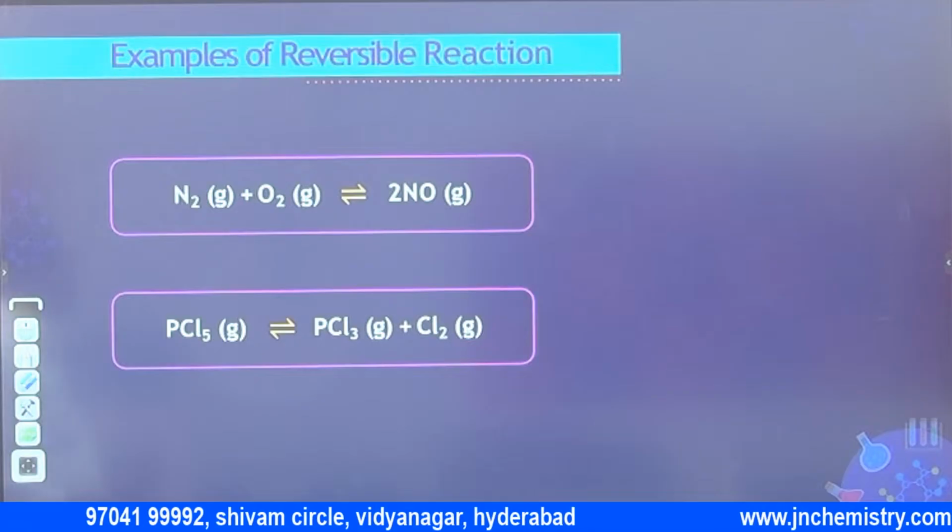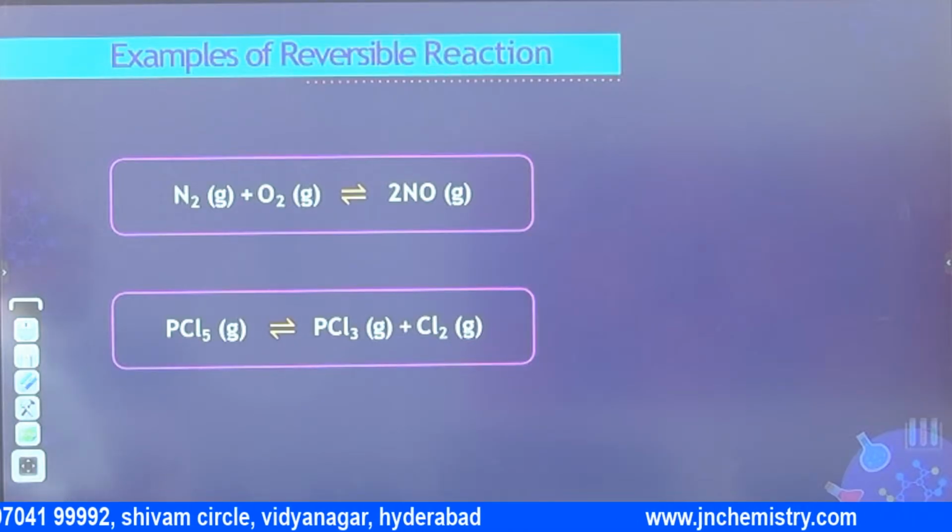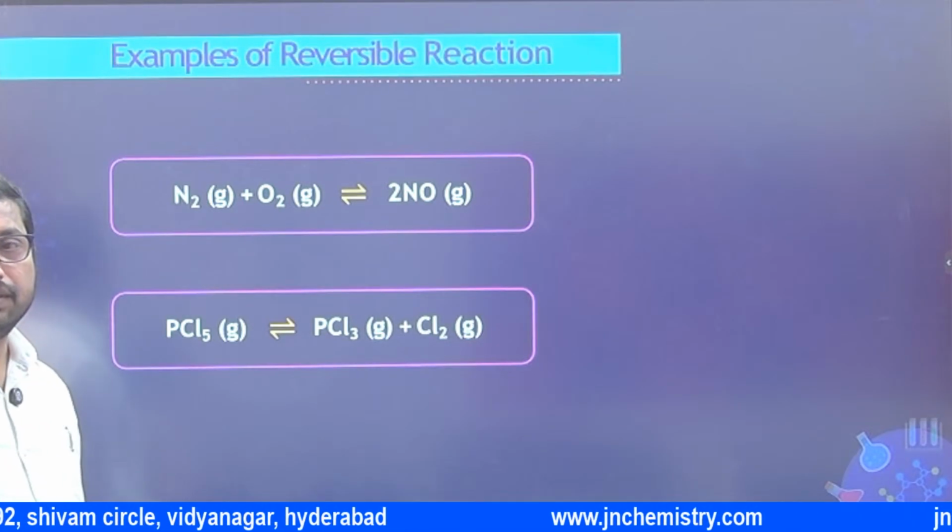Write these examples also. N2 plus O2 gives rise to 2NO. PCl5 gives rise to PCl3 plus Cl2.